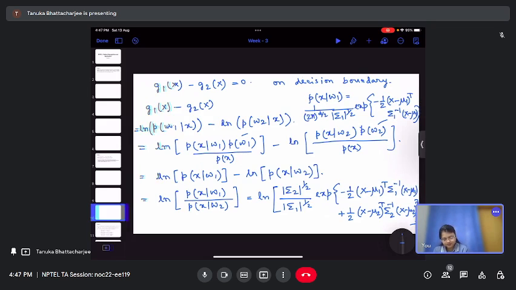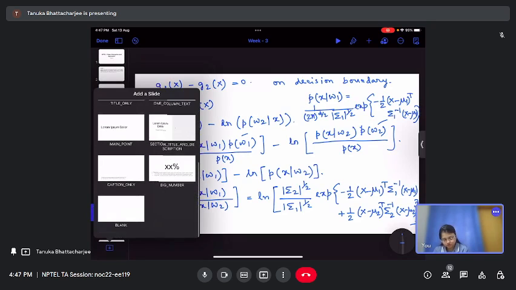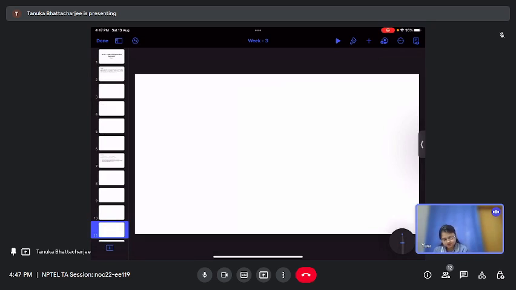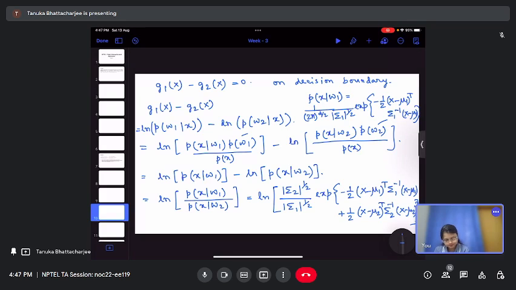Now if we apply the log function on this, we can simplify it.